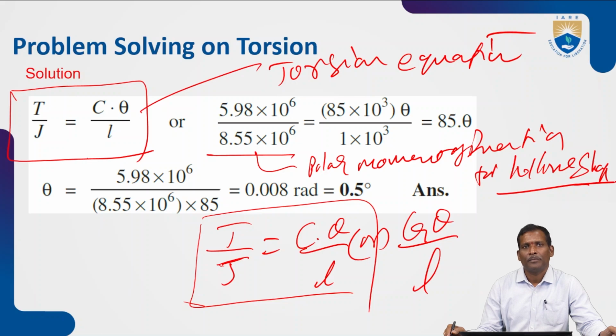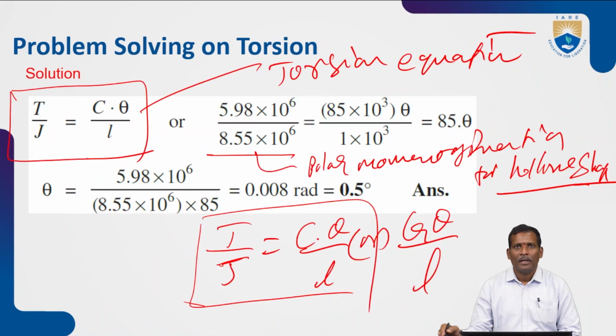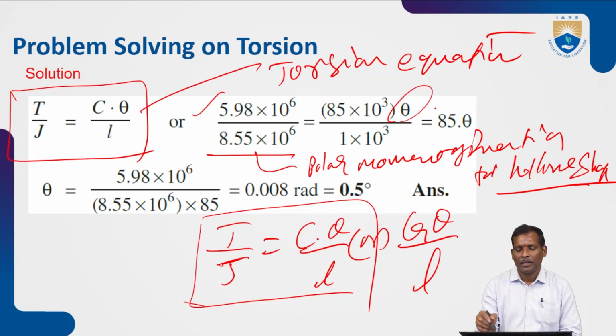For hollow shaft, the T value we have already calculated is 5.98 into 10 to the power of 6 Newton mm, and substitute those calculated values in this. C is 85 into 10 cube. Theta we don't need to calculate.